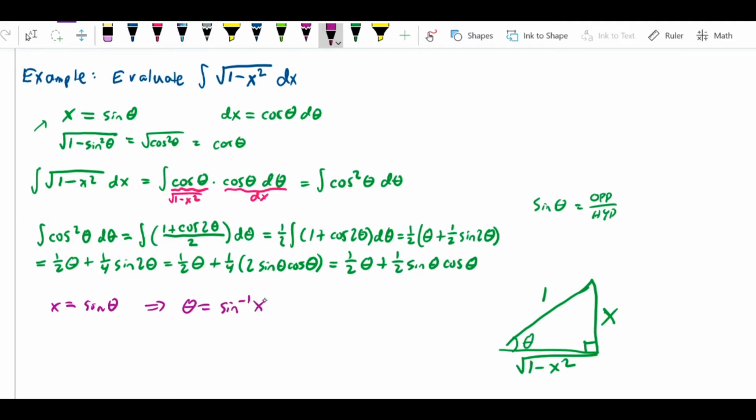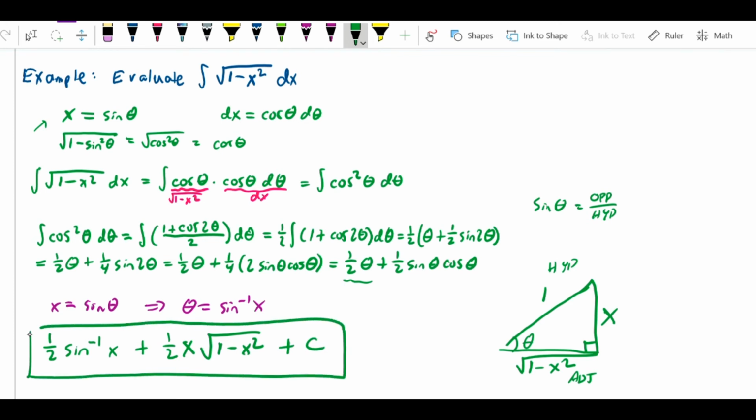So in the answer, it's going to be 1/2 arc sine of x, and then plus 1/2 sine of theta, which we already know is x, and cosine of theta is going to be the adjacent over the hypotenuse. So that's the adjacent side, and that's the hypotenuse. So that's going to be x square root of 1 minus x squared. So we now have the antiderivative, or an antiderivative. We do the hardest part of the problem, the plus c, and we're done.